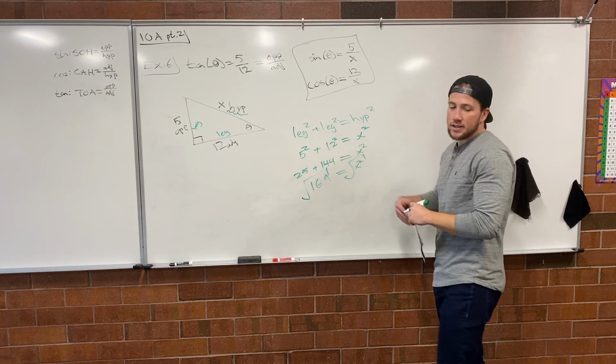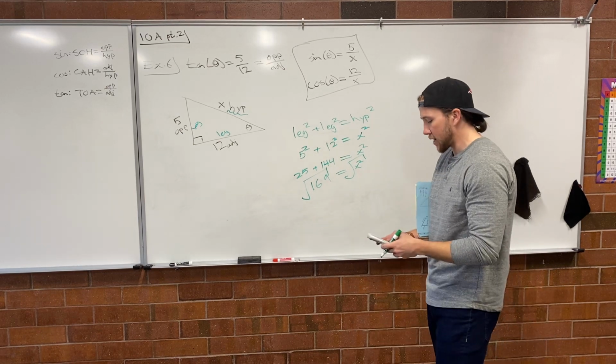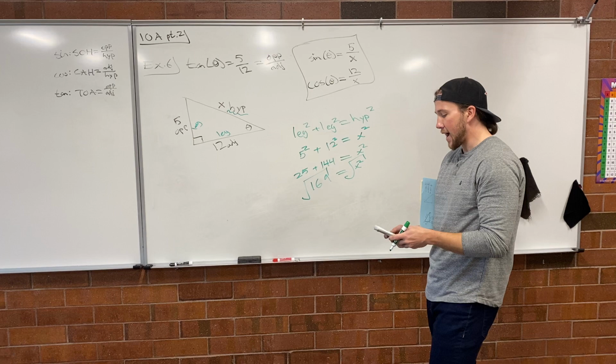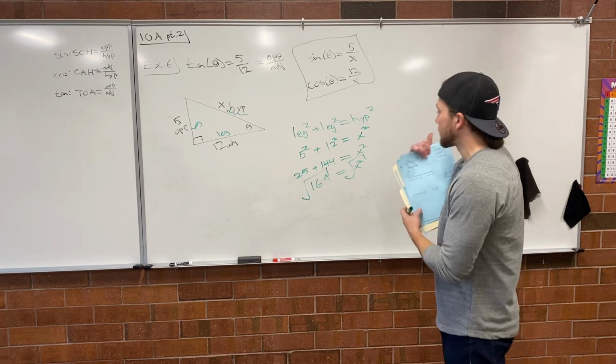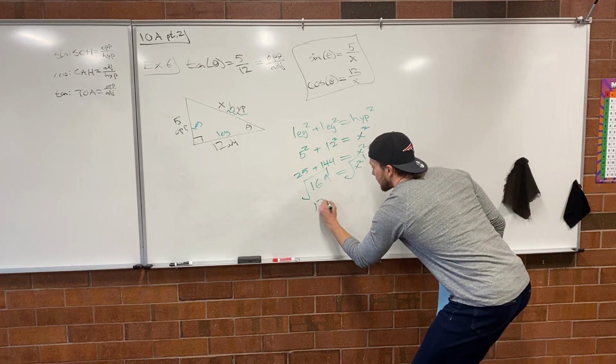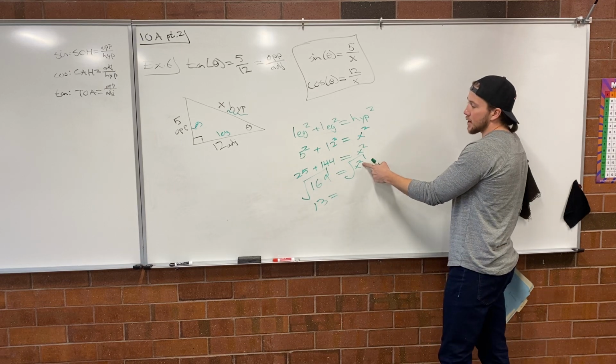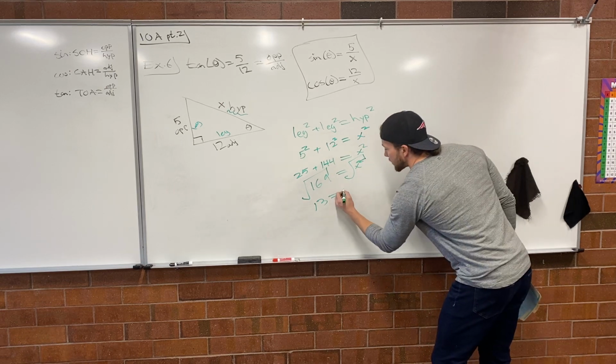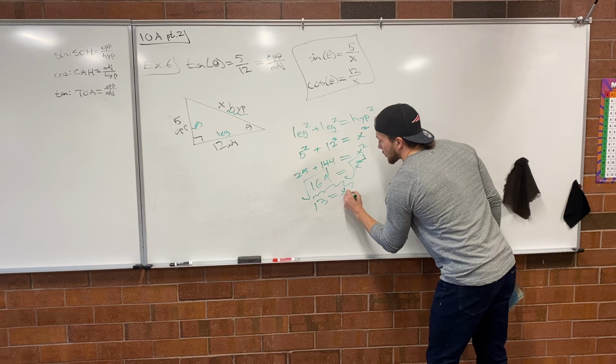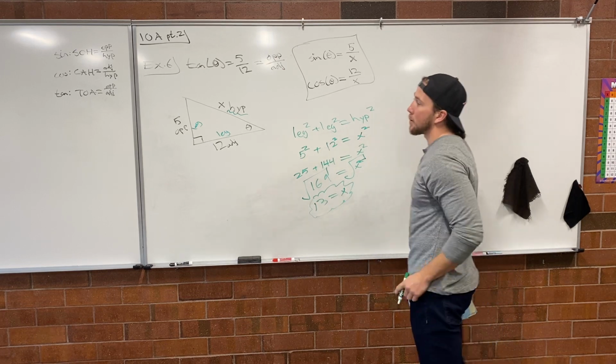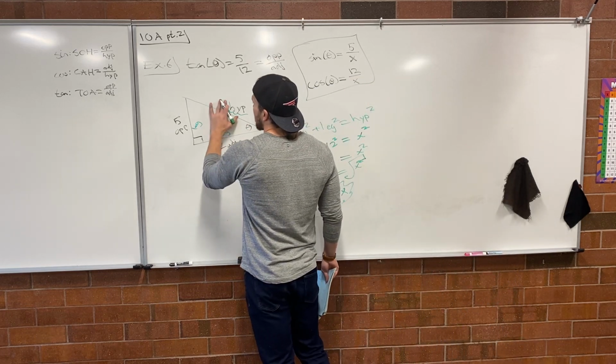Square root of both sides, and I'm pretty sure this is 13. Let me just double check. The square root of 169 is in fact 13. Awesome. Okay, so I've got 13 equals, and again, the second power and the square root, those cancel, so now 13 equals x. So what we've just done here is we've found that the hypotenuse is actually equal to 13.